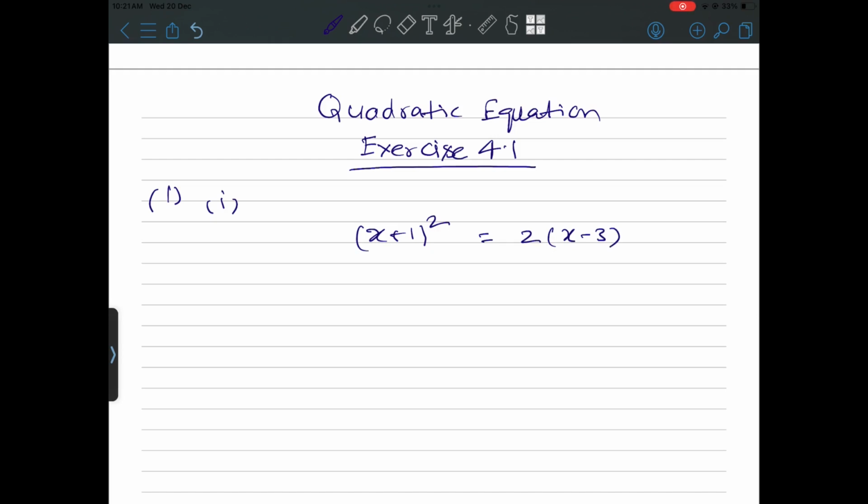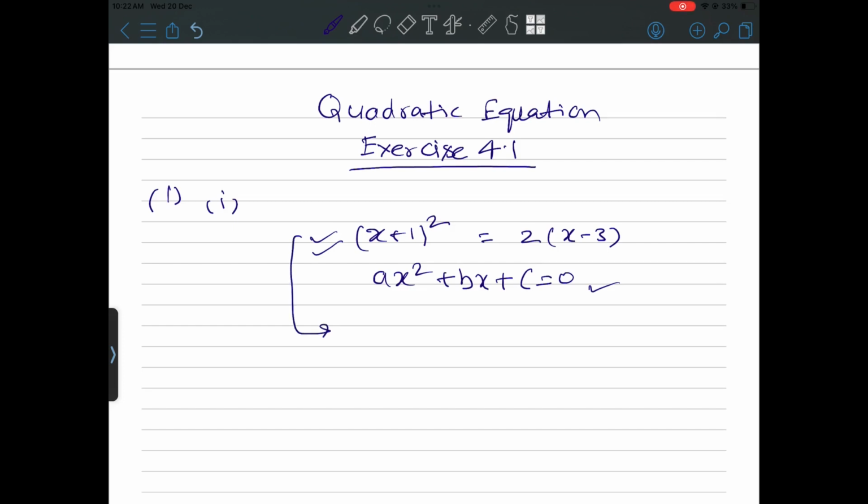On the face of it we cannot say, so we must expand these equations and try to find the form. The form of a quadratic should be ax square plus bx plus c equal to 0. Once you expand this equation and find it in this form, then you can say whether it is quadratic or not.